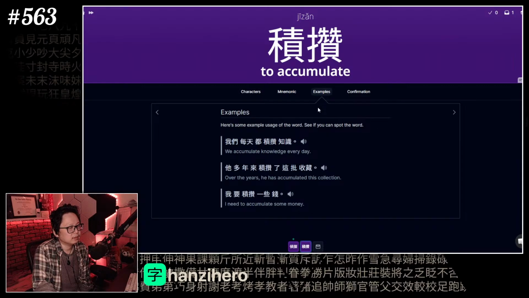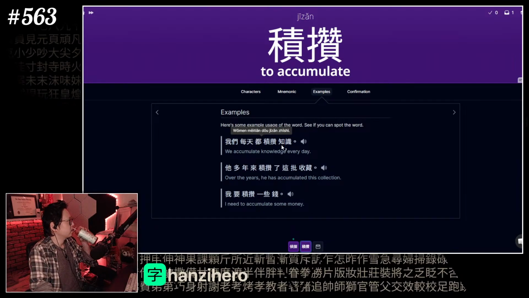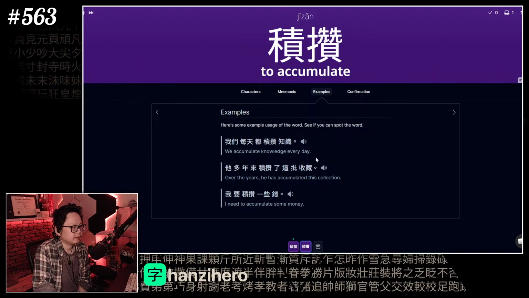我们每天都积攒 knowledge, 知识, 知. 他多年来积攒了这什么？ I'm gonna say 收藏.